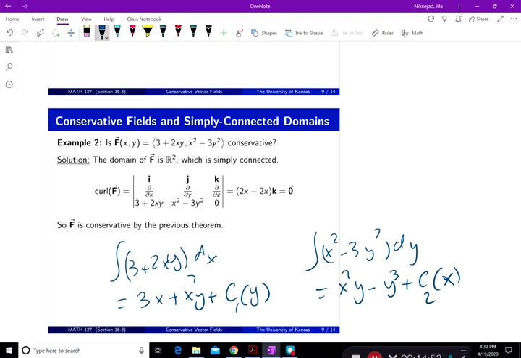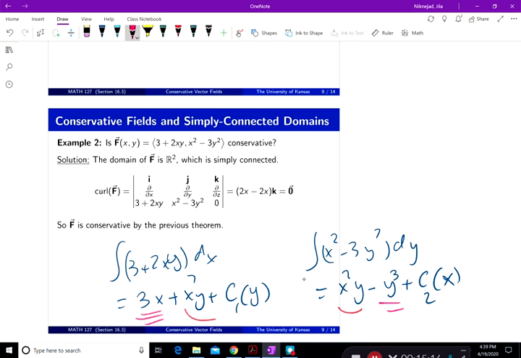Now, what is in common? The common part is x squared y. What is not in common? This 3x is not in common between the two of them, and over here negative y to the third is not in common. So this and that.